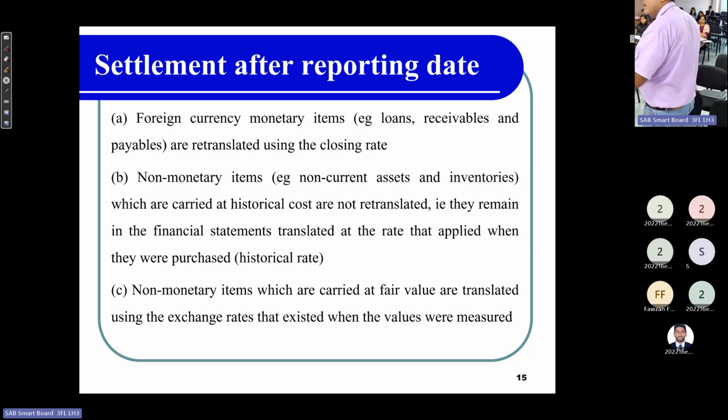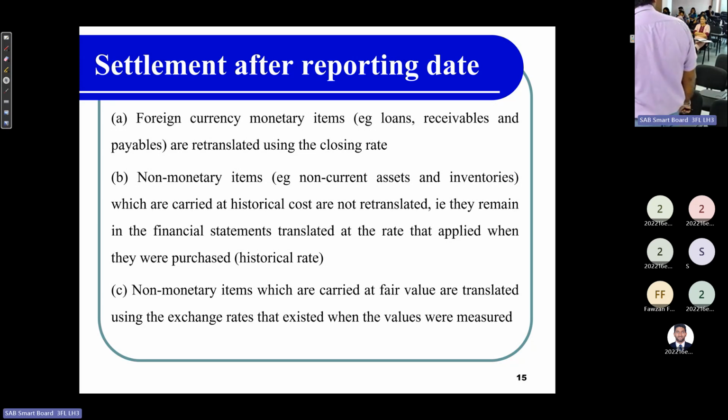They remain in the financial statements translated at the rate that applied when they were purchased, the historical rate. Non-monetary items which are carried at fair value are translated using the exchange rate that existed when the values were measured.